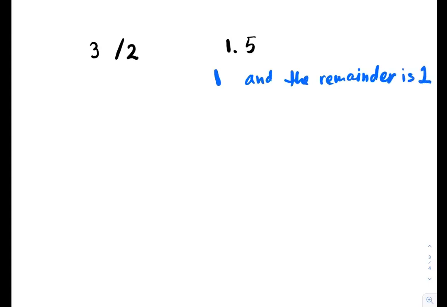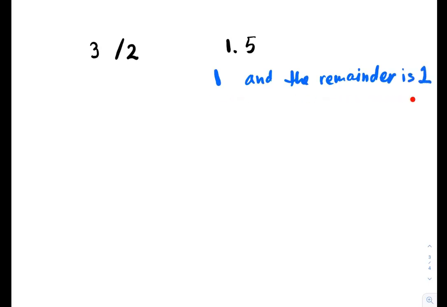Now suppose we want to know the remainder of division. When you divide 3 by 2, the result is 1.5, right? But if we don't want to deal with those fractions, we can say that the result of this division is 1 and the remainder is also 1.